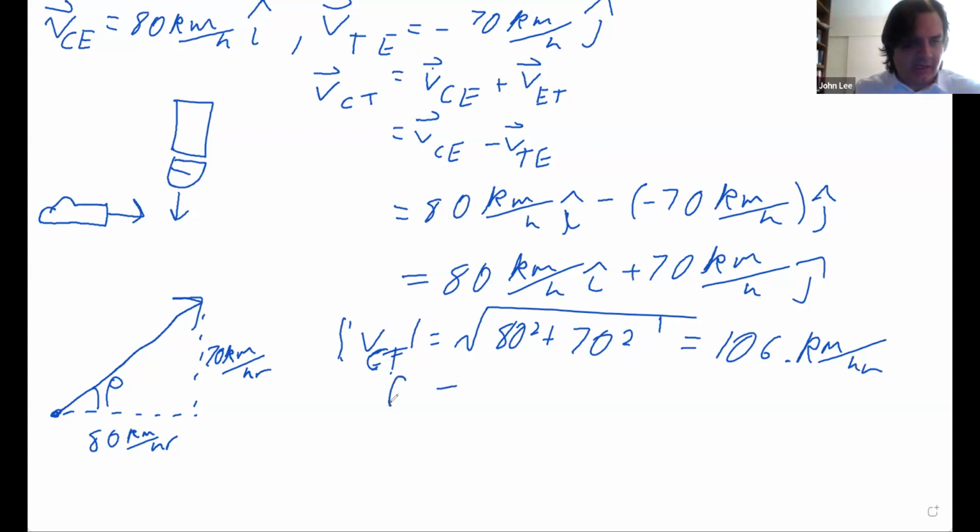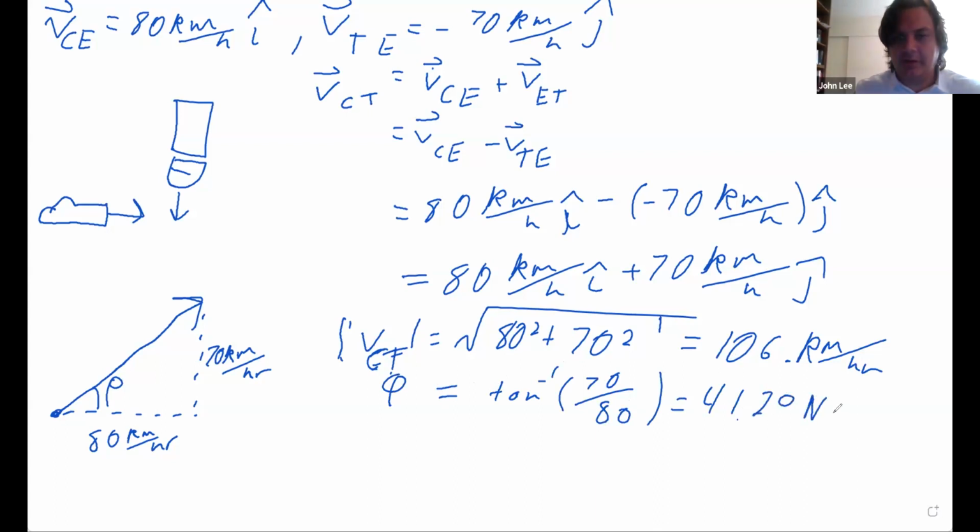And then phi is equal to arctangent of 70 over 80, equals 41.2 degrees north of east.